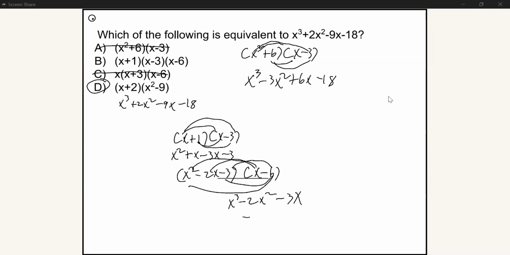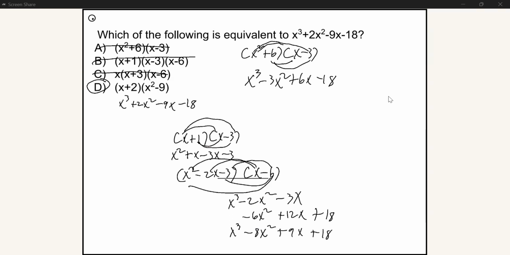So it'll be negative 6x squared plus 12x plus 18. And then add them together. So x cubed, there's nothing to add, minus 8x squared plus 9x plus 18. And that is not the right answer, which is great because we already said D was the right answer.